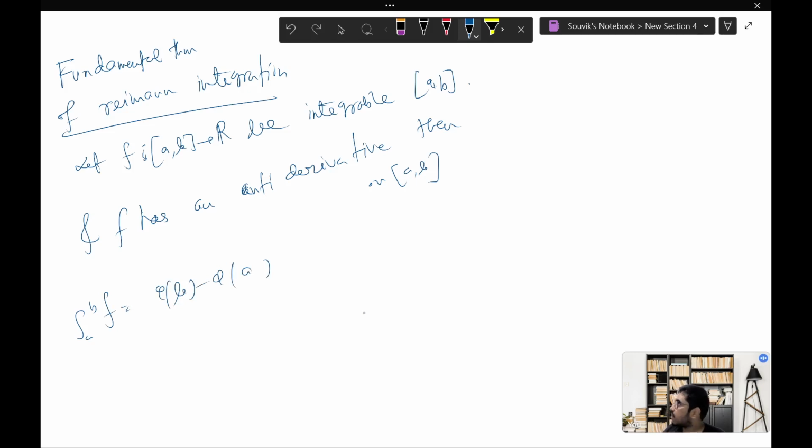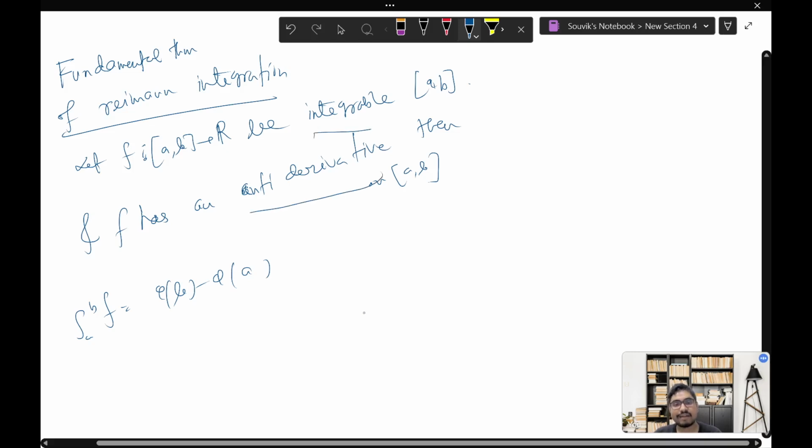So this is a theorem by which we can do the integration very easily. This is a fundamental theorem. There are only two conditions. One is integrable and the second is antiderivative.